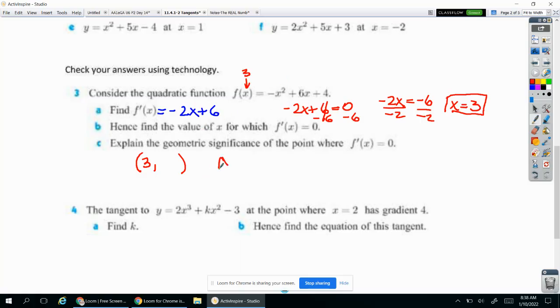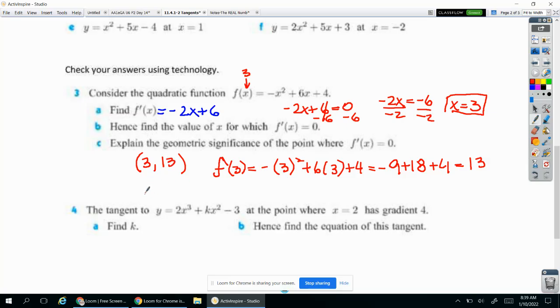So f of 3 equals negative 3 squared plus 6 times 3 plus 4. So that's negative 9 plus 18 plus 4, which is 13. So we have that this is the point.